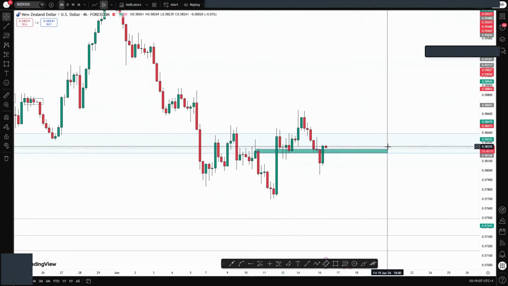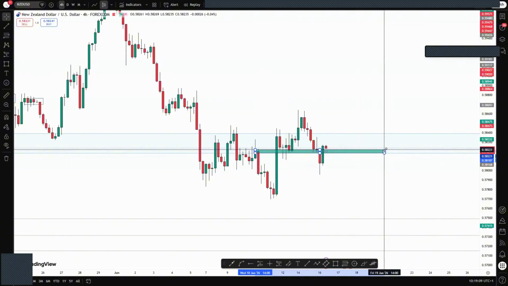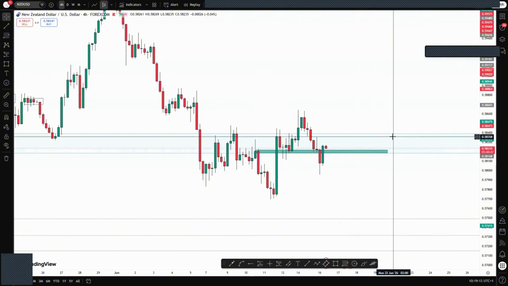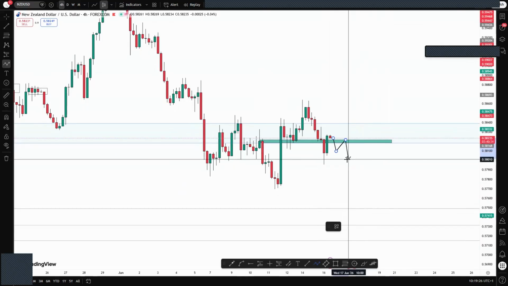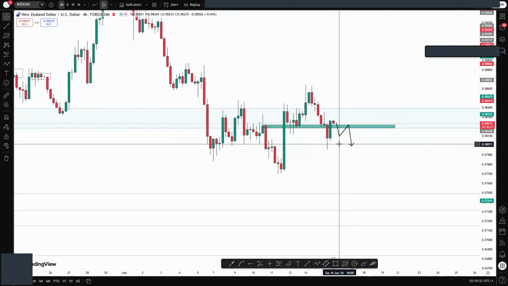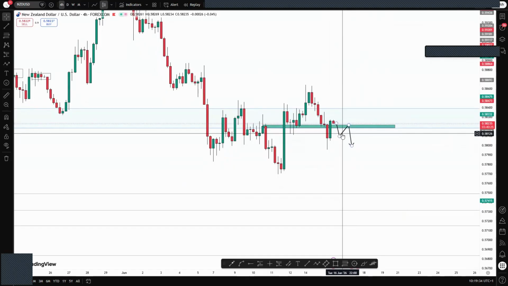But now the bad part is price has broken outside the retest zone. So this means that I have to wait for price to break outside again and then retest, and then I can sell. Okay? Because that's the only thing that will make sense.